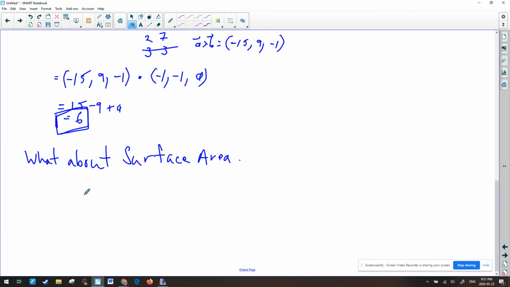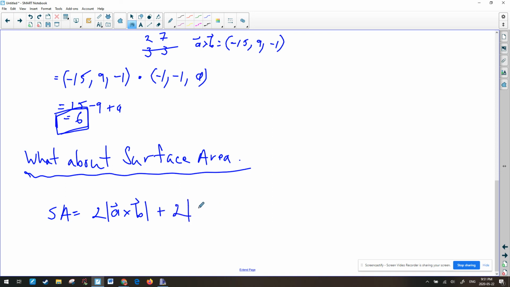So for surface area, and I'm not going to actually work it out, surface area is going to be equal to 2 times the magnitude of A crossed with B plus 2 times the magnitude of A crossed with C plus 2 times the magnitude of B crossed with C, right? So mechanically, a pain in the butt, but conceptually, not hugely difficult.